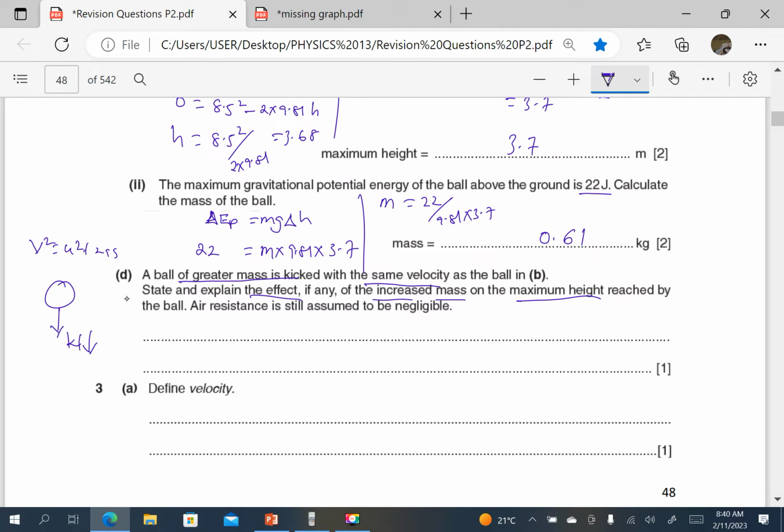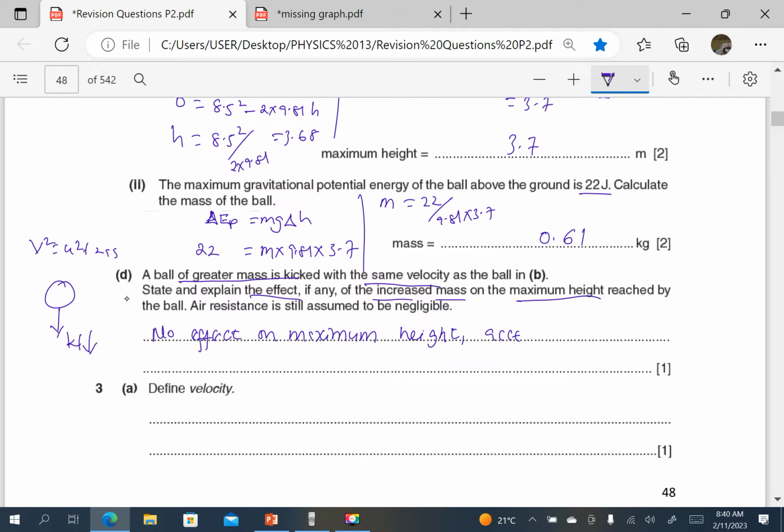So it means there is no effect of changing the mass, because the acceleration of free fall remains constant since it is not dependent on the mass. So we are simply going to say no effect on the maximum height. Reason: acceleration of free fall is not changed.